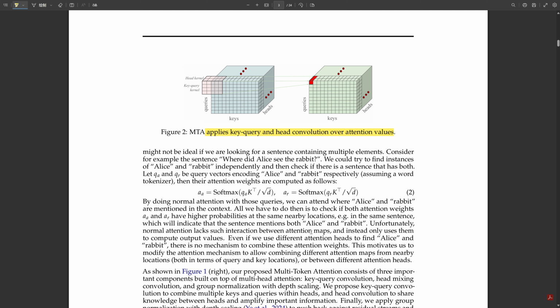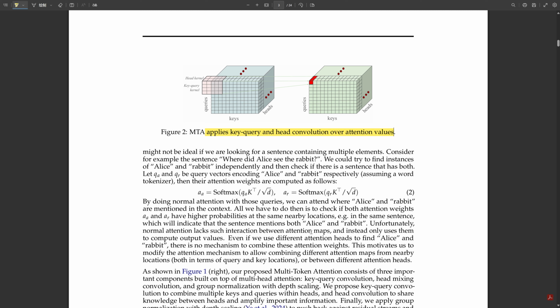Exactly. And I think the paper gives a really clear example with Alice and a rabbit. Oh, yeah, that's a good one. Can you walk us through that? I think it helps make it more concrete. Okay, so imagine you're asking the model to find sentences that mention both Alice and rabbit. With standard attention, you might have one head that gets really excited when it sees Alice, no matter what else is around, and another head might focus on all the rabbit mentions.